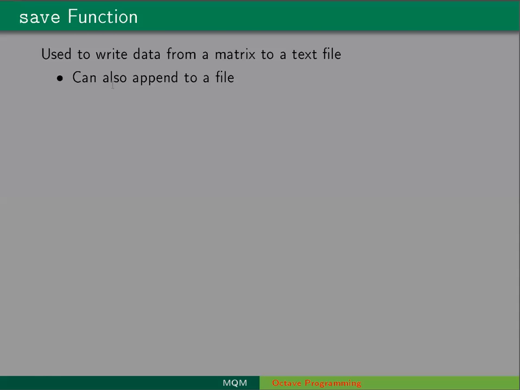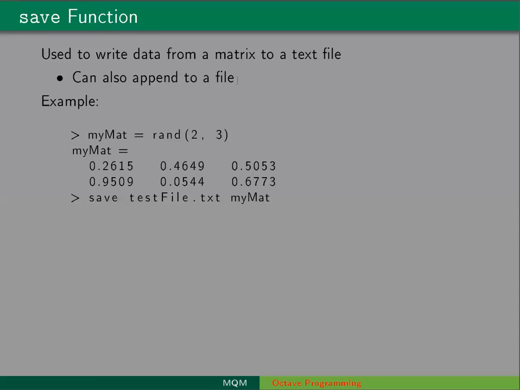So for save, we must have a matrix containing the data we want to write to a file, and then we also supply a file name. For example, we create this matrix called mymat, and it's a 2x3 matrix of random numbers. And then we call the save function, supply the file name that we want, and then the matrix that we're going to write to the file.